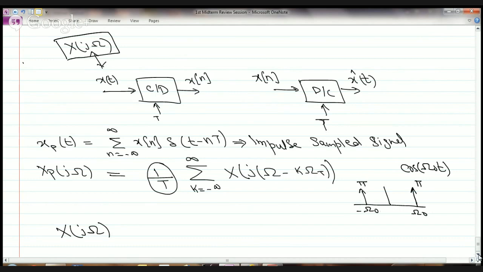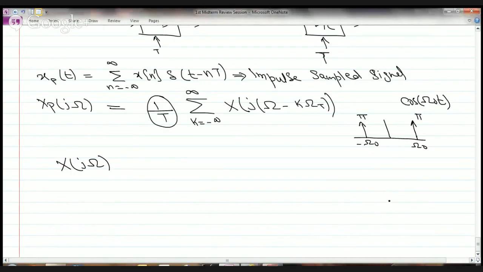This is one of the most fundamental facts in Fourier transform. Similarly, for sine omega naught t, you have an impulse of area pi at omega naught.